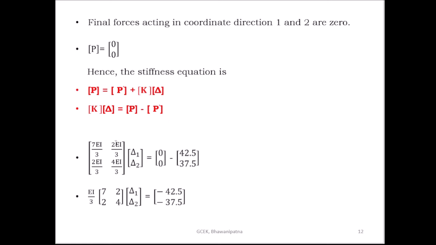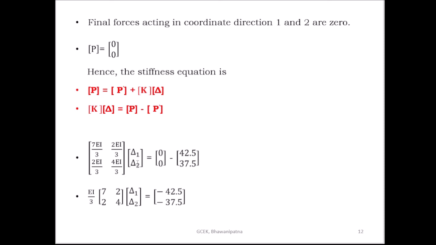But here we got the stiffness matrix K11, K12 and K21 and K22. So K11 is equal to 7EI by 3, K12 is equal to 2EI by 3, K21 is equal to 2EI by 3 and K22 is equal to 4EI by 3.